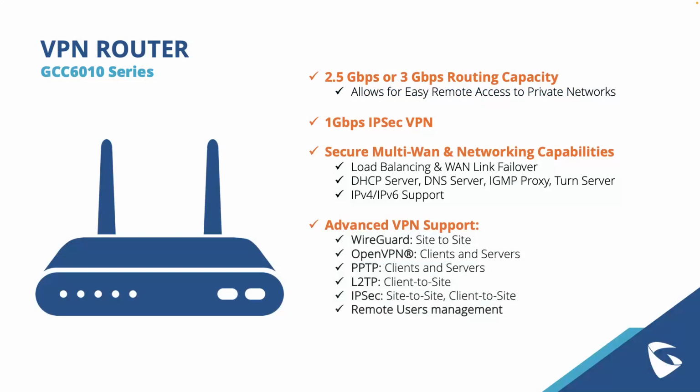All 3 of the GCC series models are going to include this VPN router, which really is going to allow for easy and secure remote access, as well as establishing your secure site-to-site connections. The GCC 6010 and the 6011 have a 2.5 gigabit per second routing capacity and a 1 gig IPsec VPN throughput, while the GCC 6010W has a 3 gig routing capacity and a 1 gig IPsec throughput.